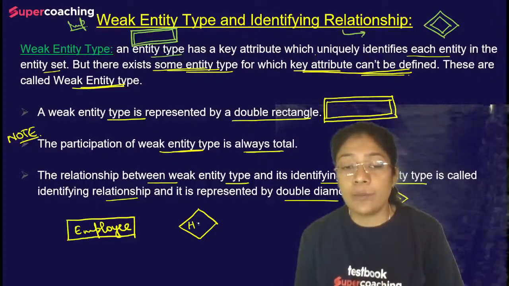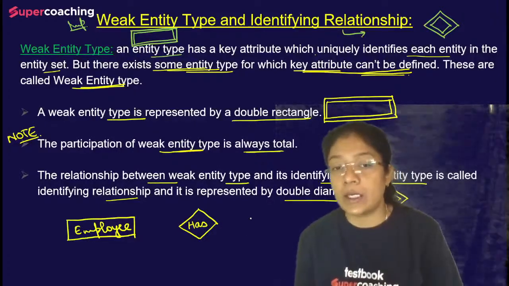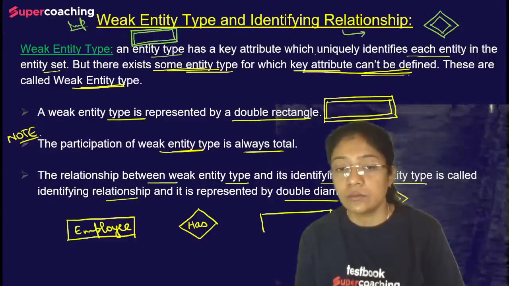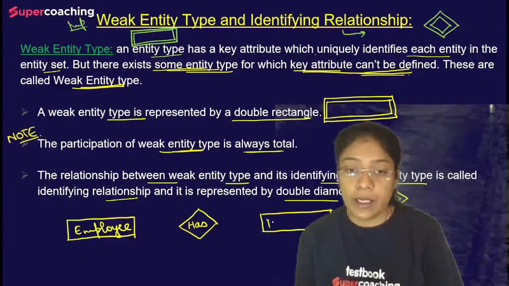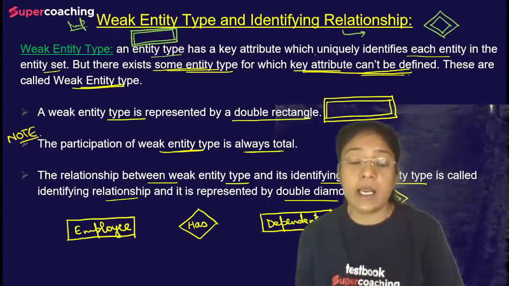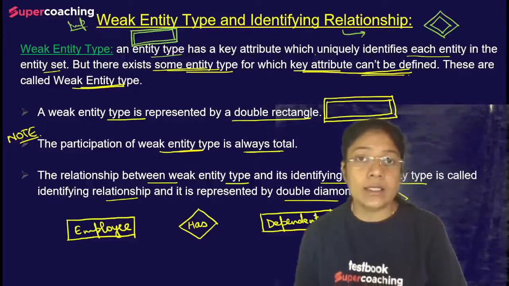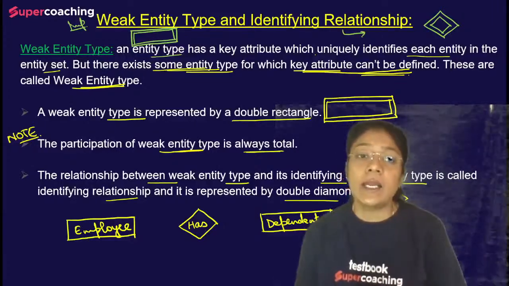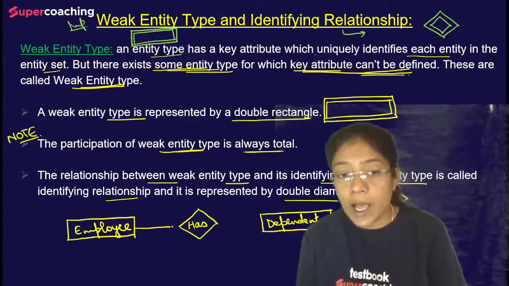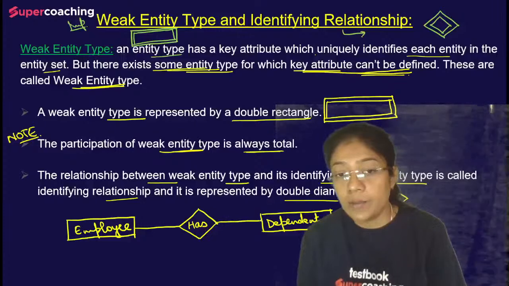So this employee has some dependent. This is dependent. Now, dependent is related to parent. Dependent की और child की अपनी कोई existence नहीं है organization में. Organization में child की existence किसके through है? Through its parent. So, employee has some dependent.